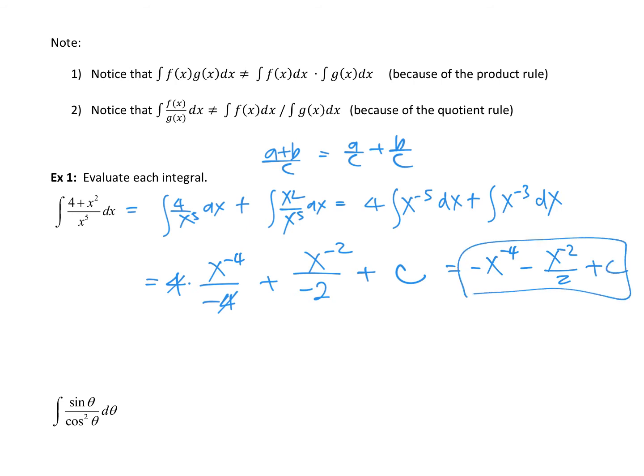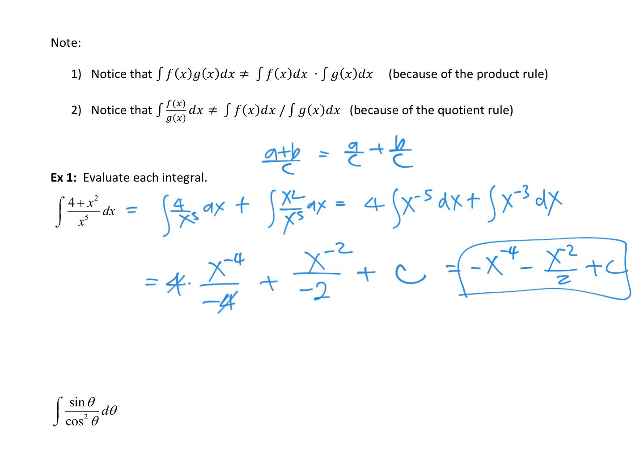That's my answer. I want to make sure, so I will check my answer. How do I check my answer? This is supposed to be the antiderivative of that. So when I take the derivative of this, I'm supposed to get that. You can see how for antiderivatives sometimes it gets kind of complicated.